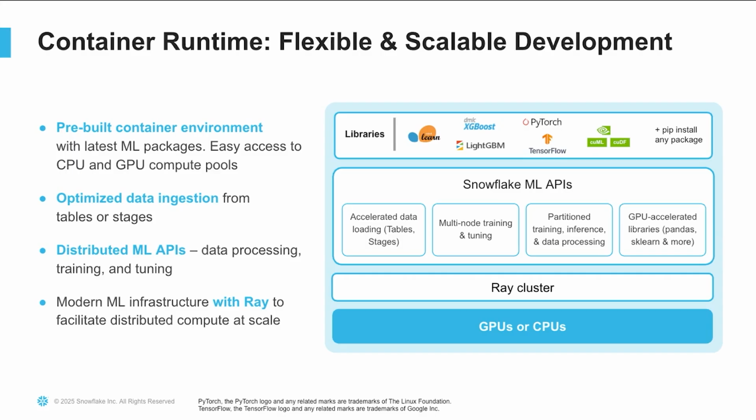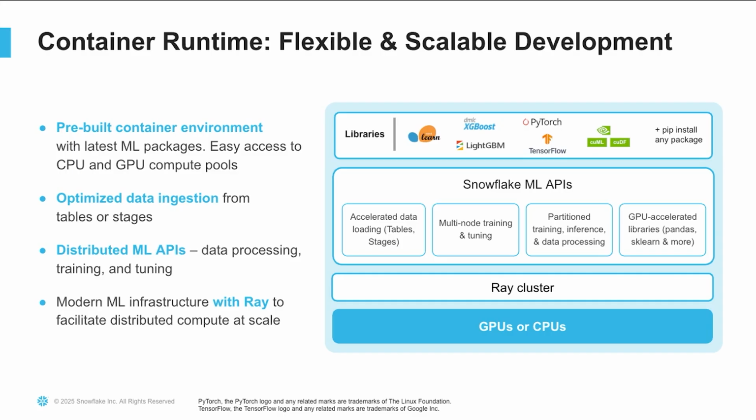So if you happen to have large amounts of data in Snowflake tables, or unstructured data, likely stored as images or PDFs or text, wherever they are in S3 buckets and any other cloud providers, we give you an accelerated data loading framework, so you can bring these structured and unstructured data into the memory of the environment where you're operating, so you can take advantage of all these libraries that we spoke of to perform accelerated end-to-end data processing and model training.